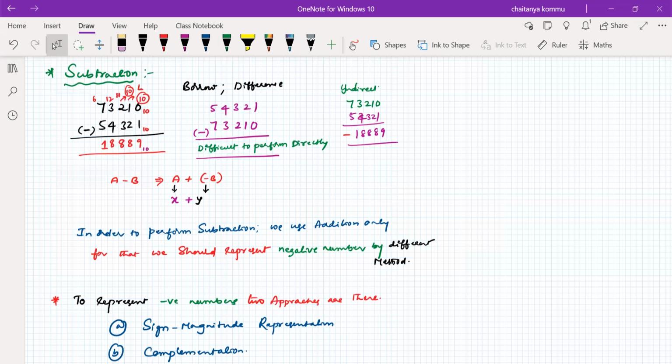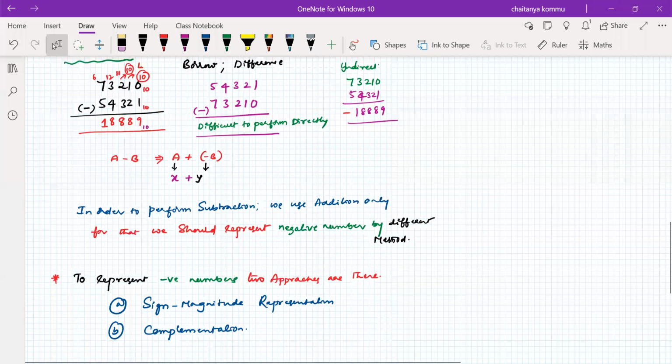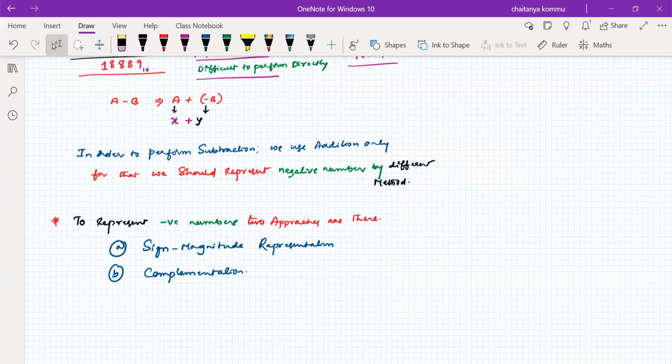Whereas if you represent the negative number in a sign magnitude representation or complementation, then design the digital system, it performs very well. The efficiency of the digital system is very good when you represent negative numbers using the sign magnitude representation or complement representation.